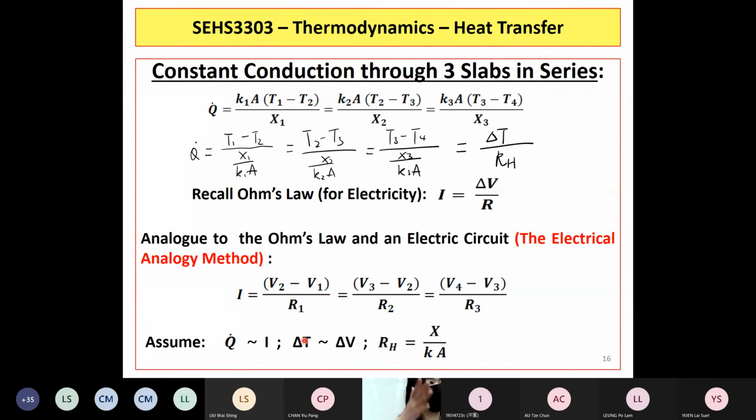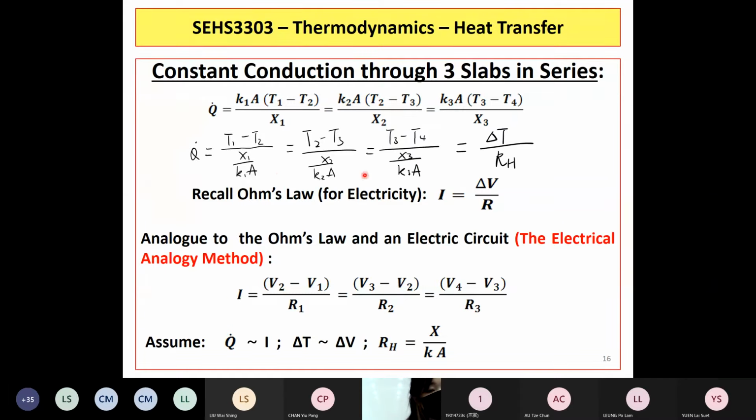Delta T, the temperature difference, is assumed to be the voltage drop. And then we can have a thermal resistor, similar to this electrical resistor.